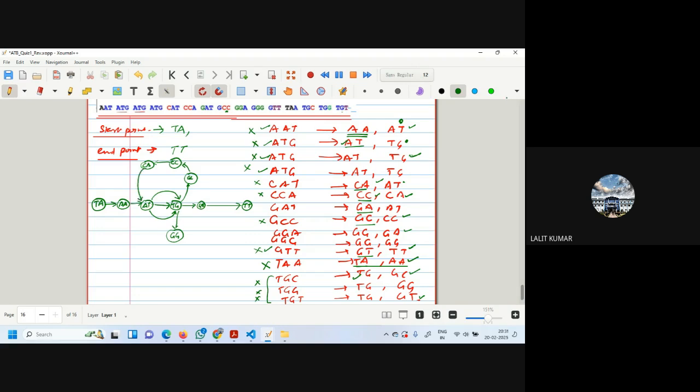So this I have covered. Now I check GG. GG has GGG, which means it has a path to itself. So I stack this. Now I get GGA, so it goes to GA. I stack this. Now from GA it goes to GAT. Okay, so now the path is ready.